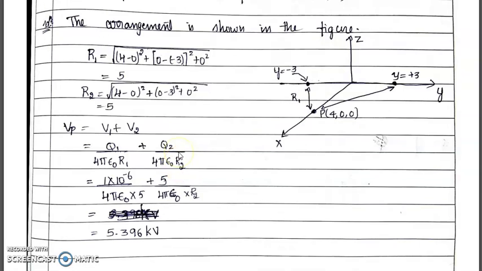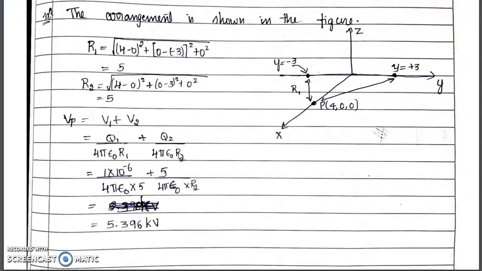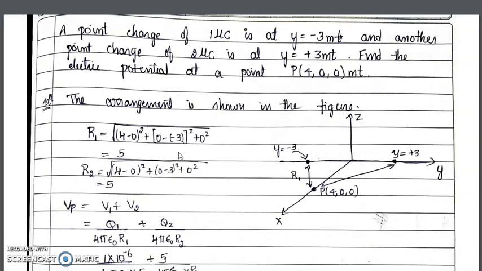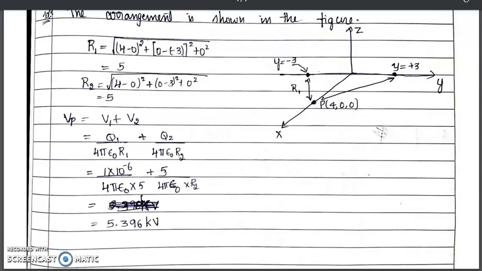Q1 is 1 microcoulomb and Q2 is 2 microcoulomb. Substituting that, you will get the total voltage at point P as 5.396 kilovolt.